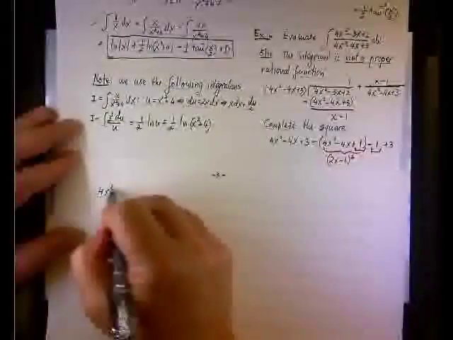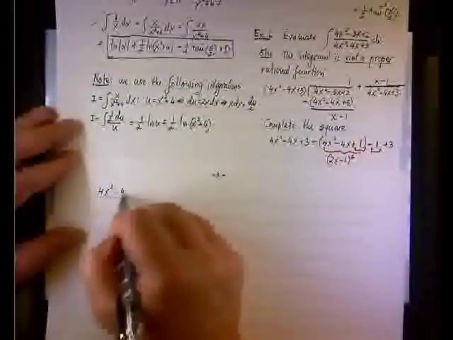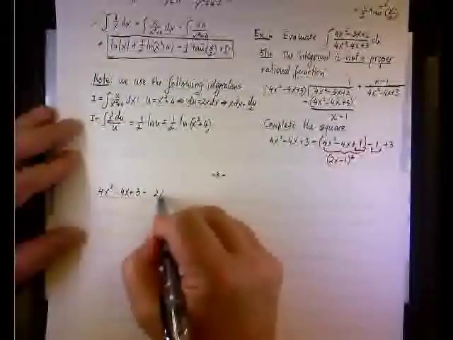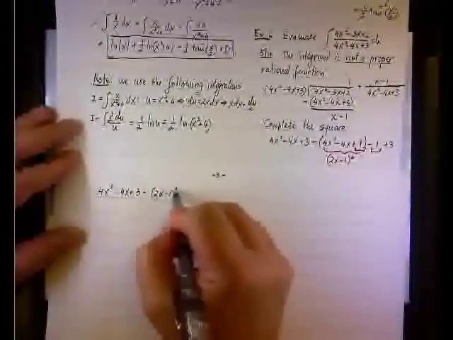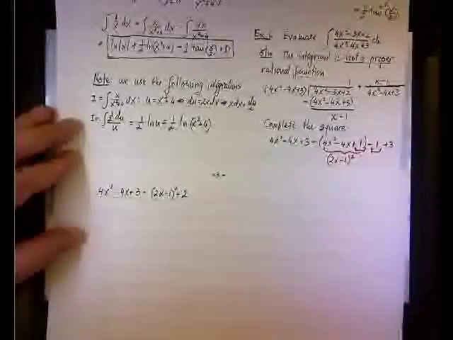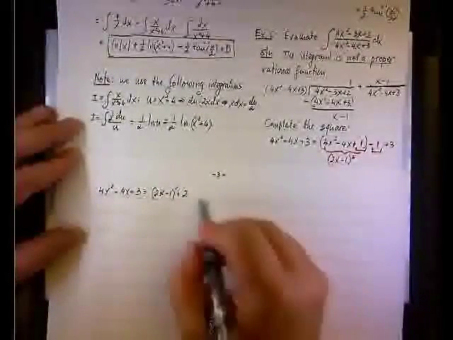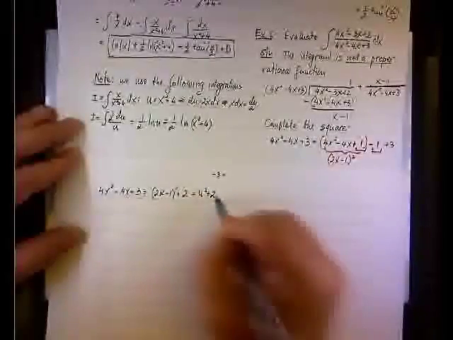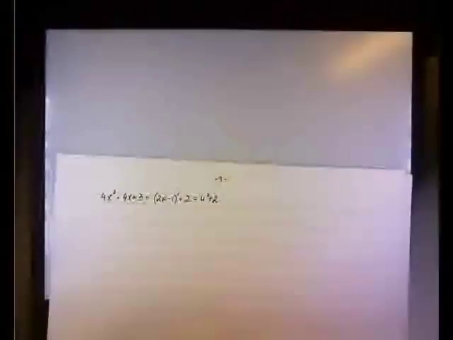So we can say that the denominator 4x² - 4x + 3 is really the quadratic term (2x - 1)² + 2. And I want it to be u² + 2 in the denominator. So this is the quadratic term right now that I'm working on.